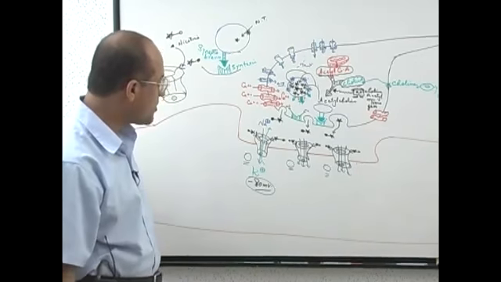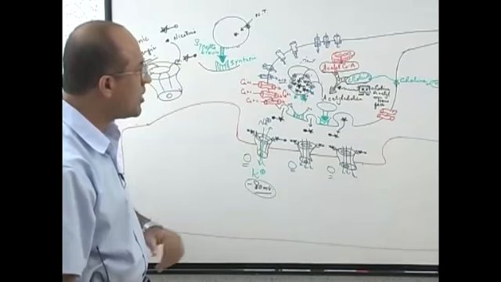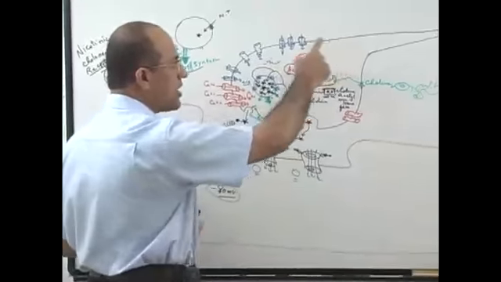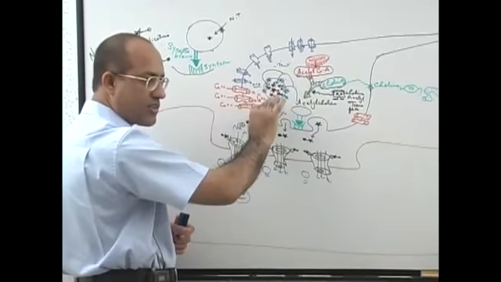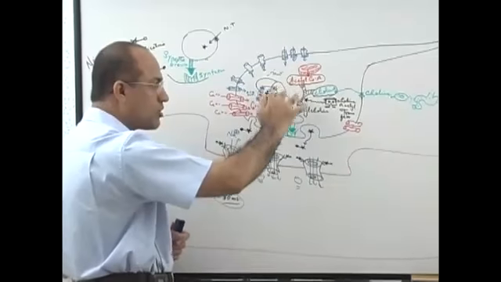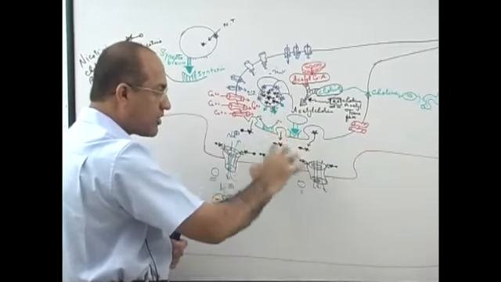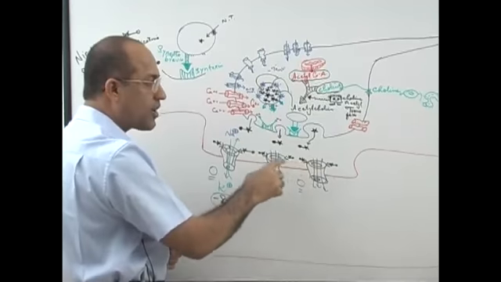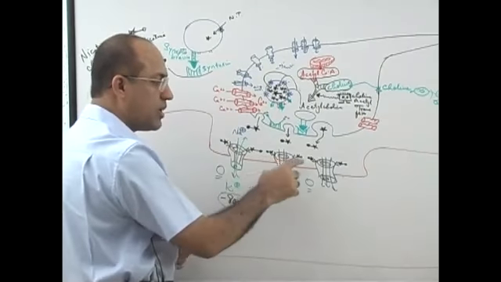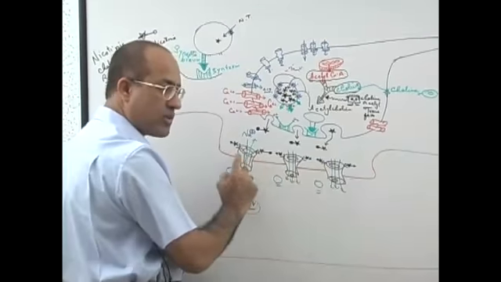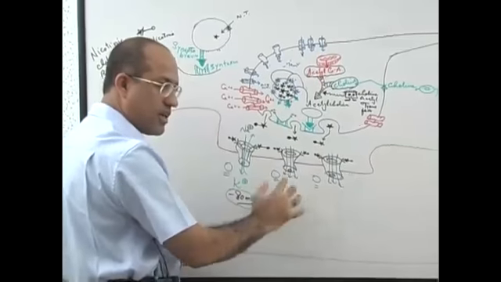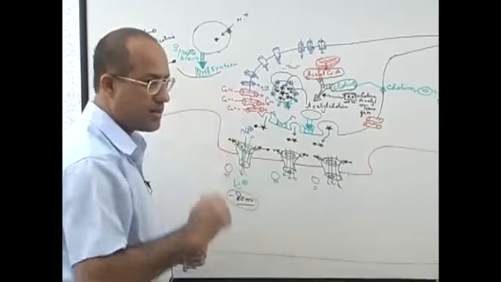Now one thing which is very important to understand: usually when an action potential comes on the nerve ending, a lot of calcium influx occurs and thousands of vesicles release a lot of acetylcholine, and that acetylcholine stimulates many cholinergic postsynaptic nicotinic receptors, and a lot of sodium comes in and depolarizes the membrane.